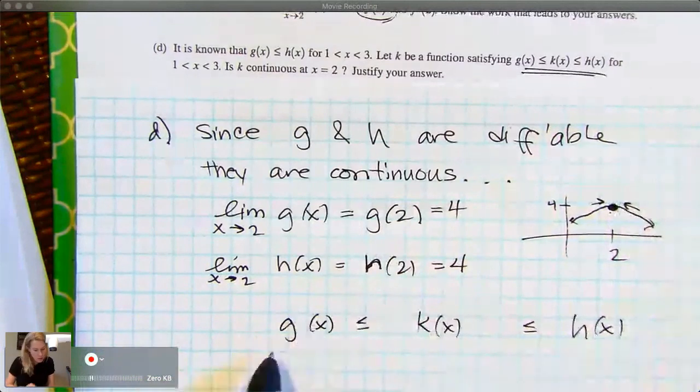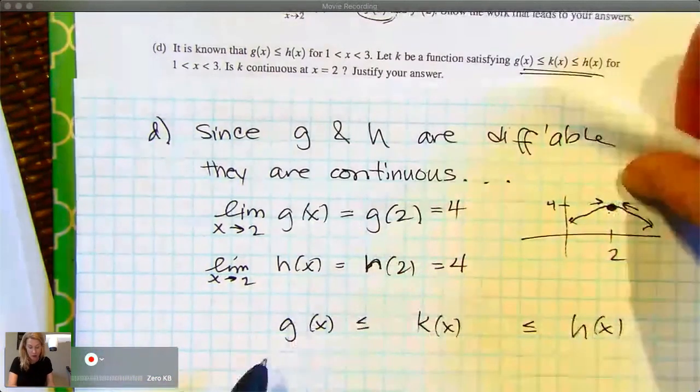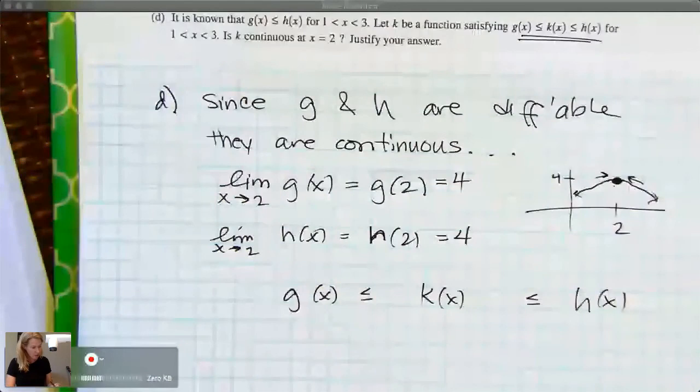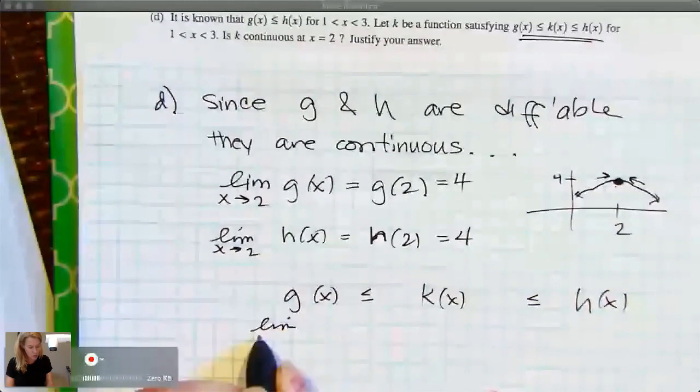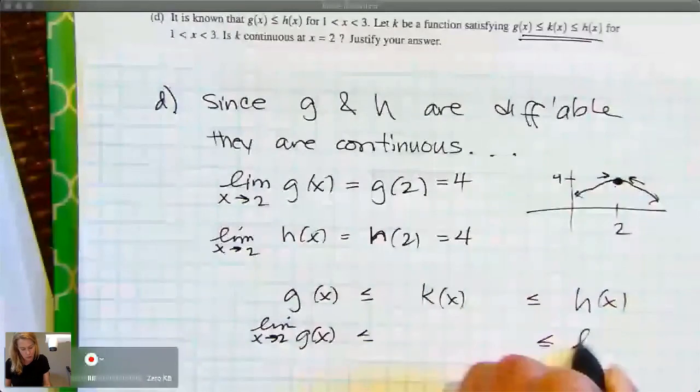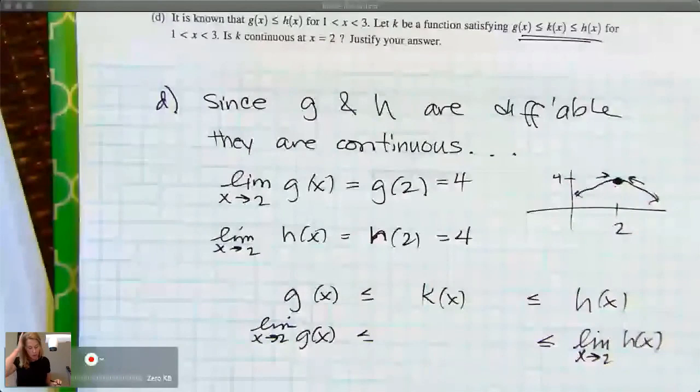And we're trying to figure out whether k of x is continuous. What I know then is that the limit as x approaches 2 of g of x and the limit as x approaches 2 of h of x are both approaching 4.